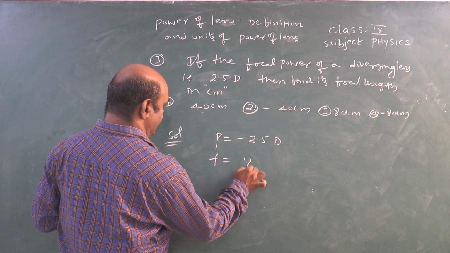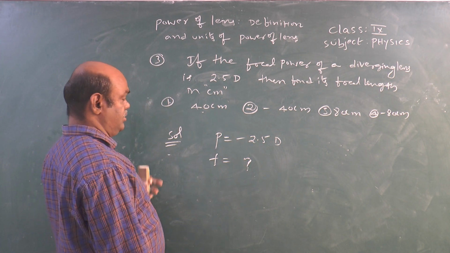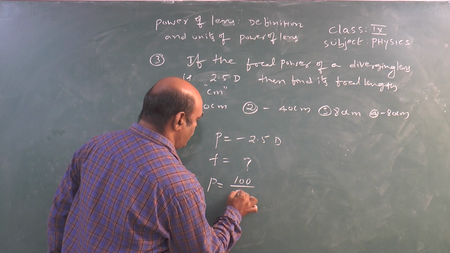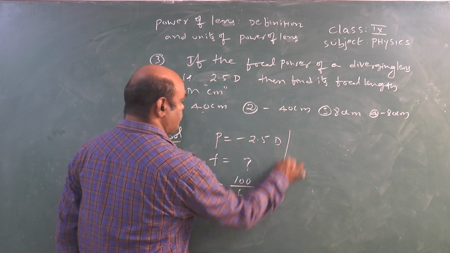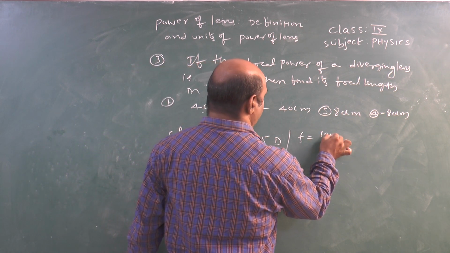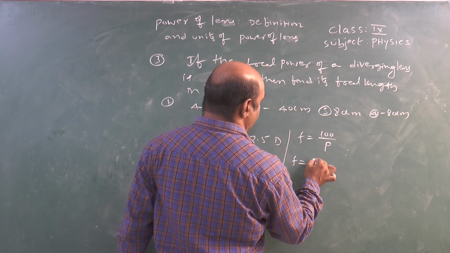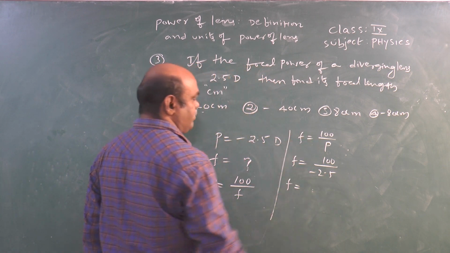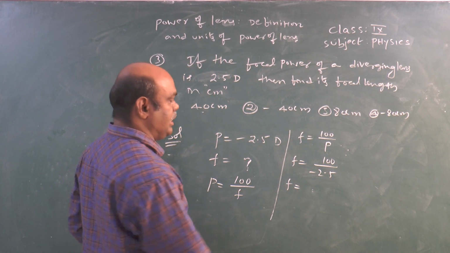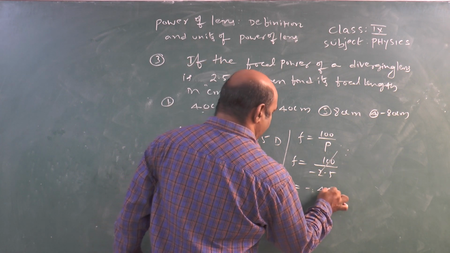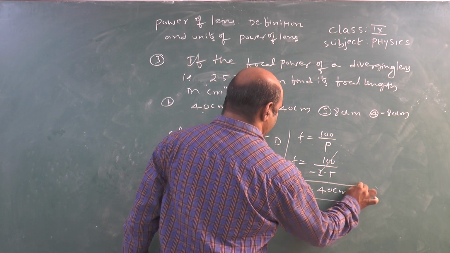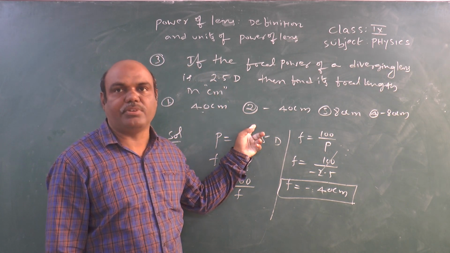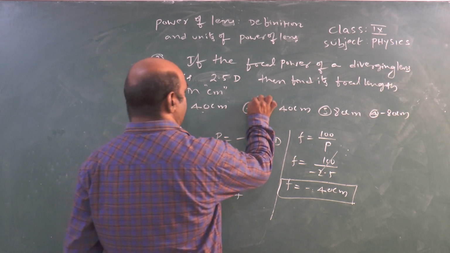Our aim is to find the focal length in centimeters, so the formula is P equal to 100 by f. So f equal to 100 by P, f equal to 100 by minus 2.5. Cancelling, we get minus 40 centimeters. Therefore the focal length of this diverging lens is minus 40 centimeter. So the second option is correct.